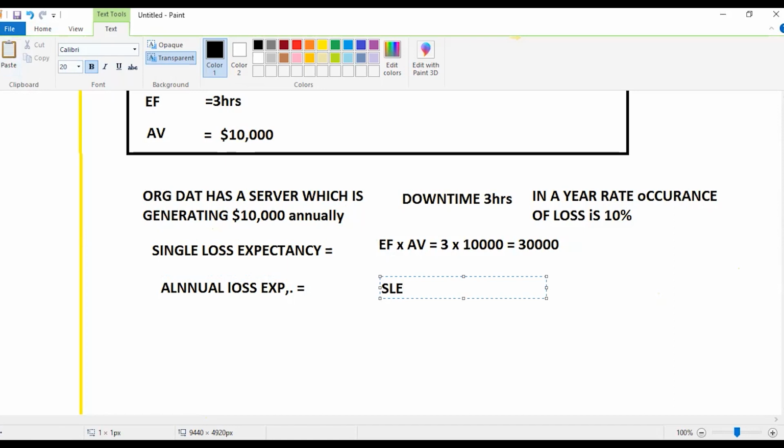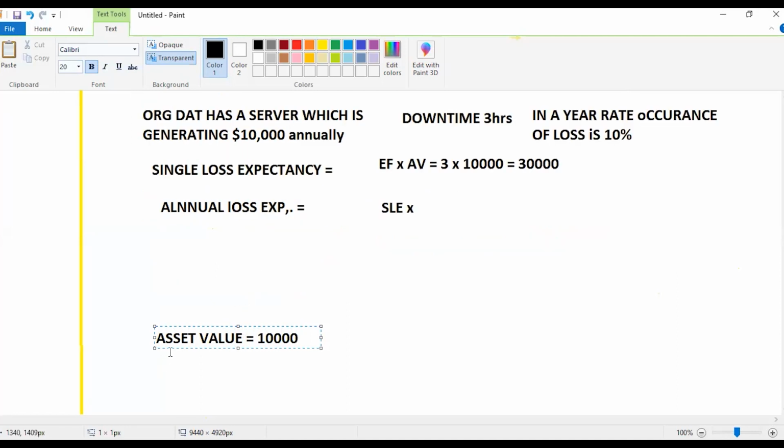Sir, you are not audible. Yes, I'm writing. So single loss expectancy is exposure factor into asset value. We have asset value: how much revenue we are generating? 10,000. So this is going to be our asset value.